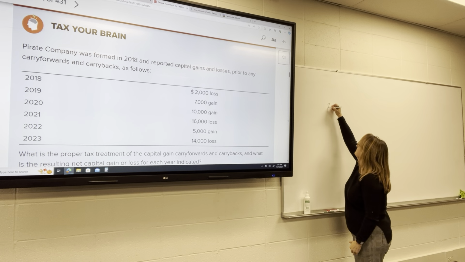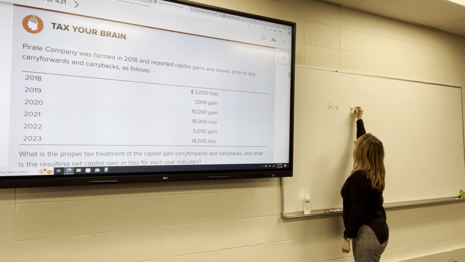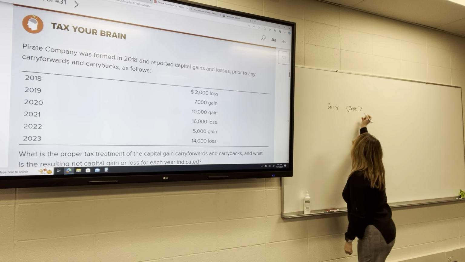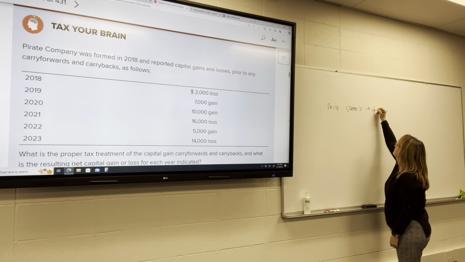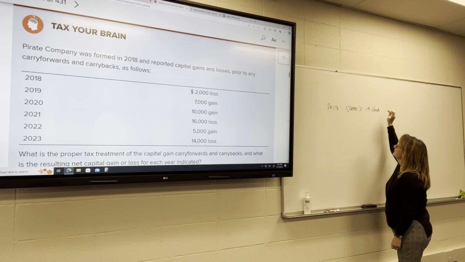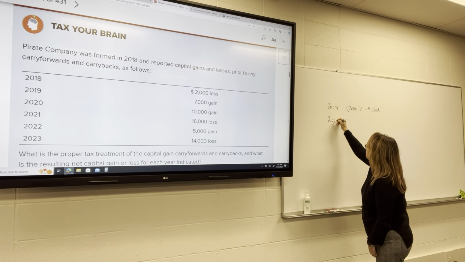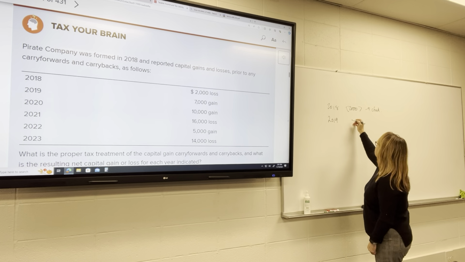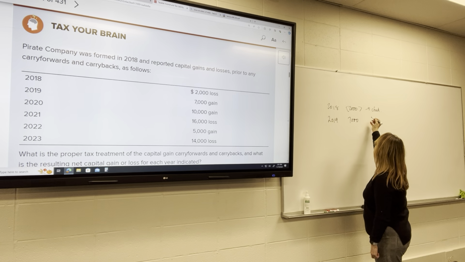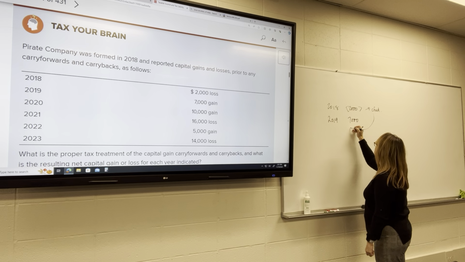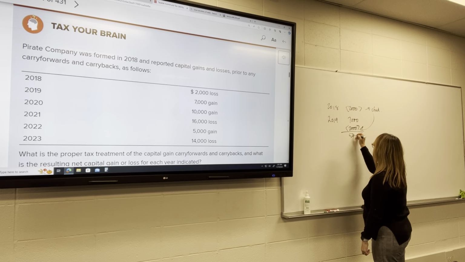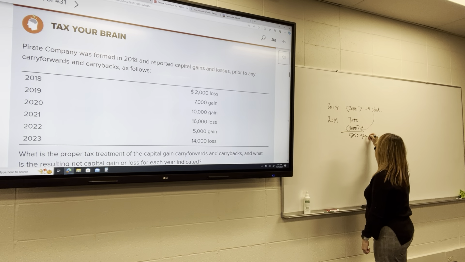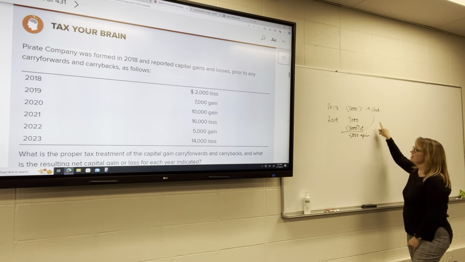So for 2018, we've got to carry that $2,000 forward to 2019. We've got a $7,000 gain, and we carry the loss forward here. Now we've got a $5,000 gain. We have no more loss carry forward.